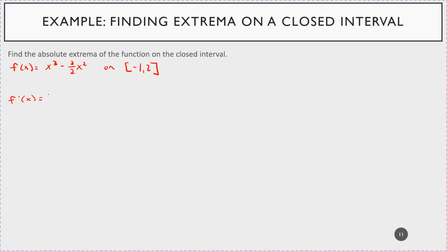The 3 comes down, minus 3/2, bring the 2 down, times 2, and then x. Cleaning this up, the 2's cancel, and I'm left with 3x squared minus 3x. That's my derivative. Now you're going to take this, set it equal to 0 and solve.